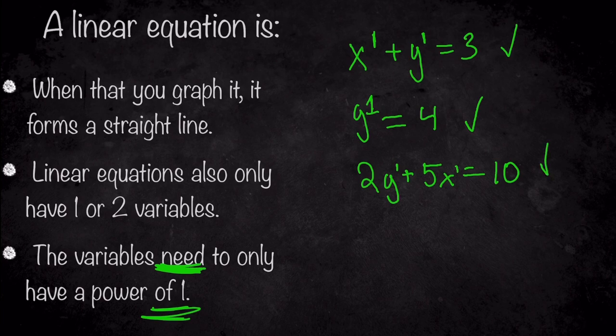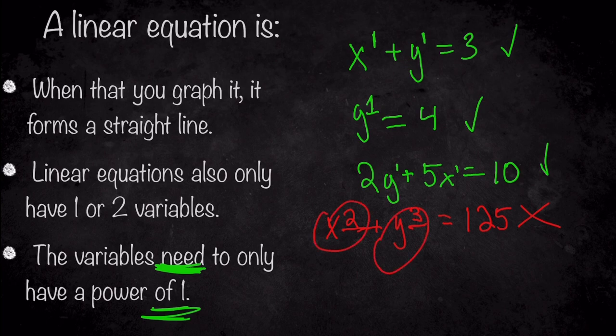Now, instead, let's say I have x to the power of 2 plus y to the power of 3 equals 125. This will not count as a linear equation because the variables have a power: x has a power of 2 and y has a power of 3, which is not a power of 1, clearly.